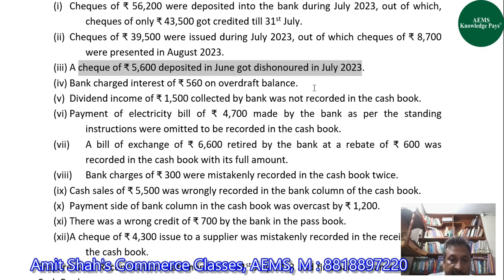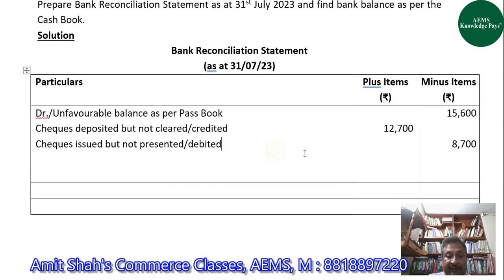Since it has not been recorded, it means our cash book balance is more by 5,600 than the passbook balance. And that is why it will come in the plus column because in cash book the balance is more. So, check deposited earlier got dishonored.